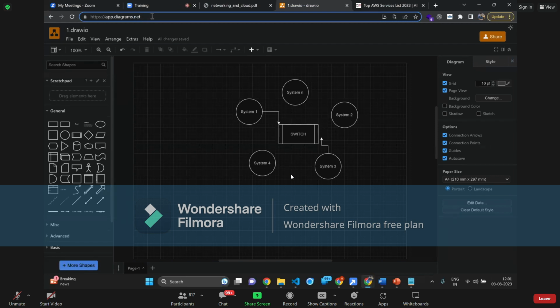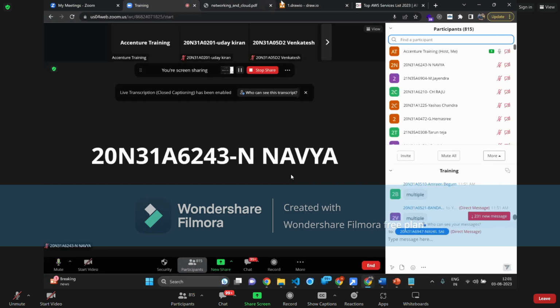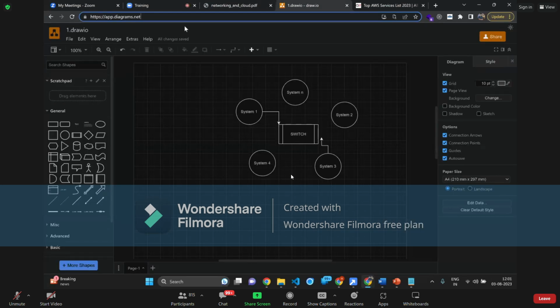Now is it easier for us to remember apps.diagrams.net, or is it easier for us to remember 192.168.2.251? Obviously more websites means more IP addresses. Now we can't remember so many IP addresses. That's why we have something called a domain name service.